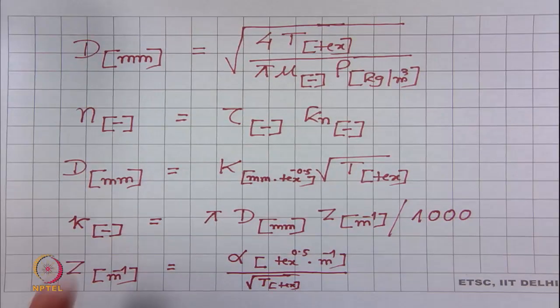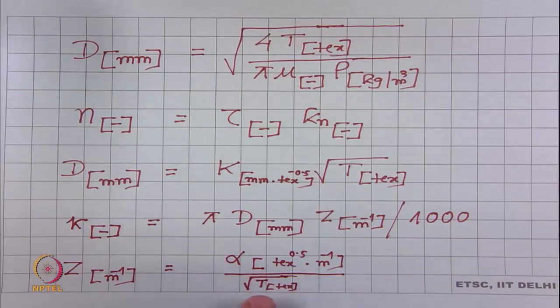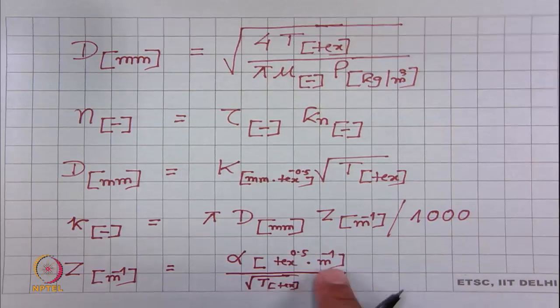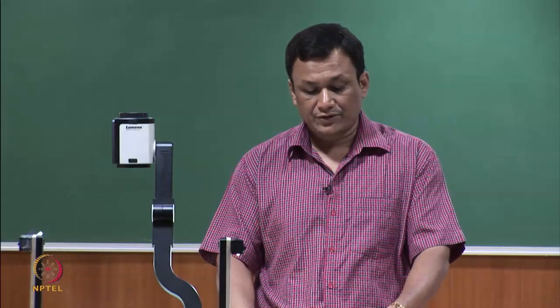So, twist of yarn in terms of twist multiplier alpha and count of yarn T tex, and this is the unit of alpha. Twist multiplier has unit. So, this completes our numerical problem 1. Thank you very much for your kind attention.